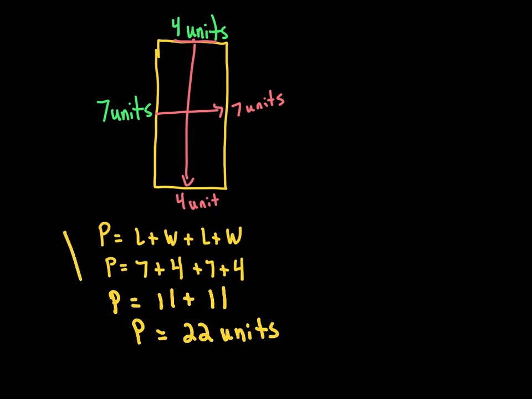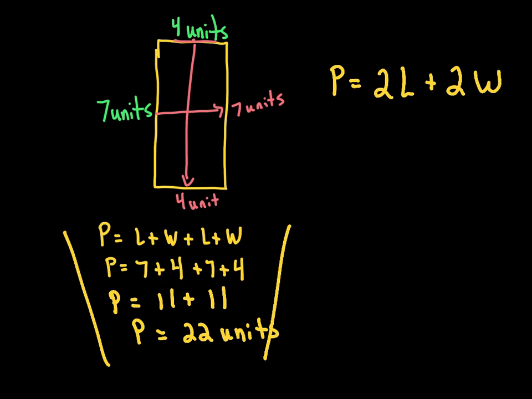There we go. There's our nice, well, sort of nice funnel. Then we can do another way, which would be P is equal to 2 times the length plus 2 times the width. Here's another type of example that we could use. And now we just plug it in. We could say P is equal to 2 times the length.